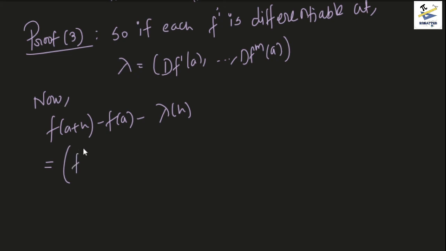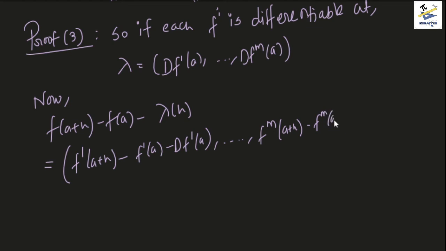So we can see that the first component is this minus this minus this, the second one is this, and similarly the last one should be this, right?